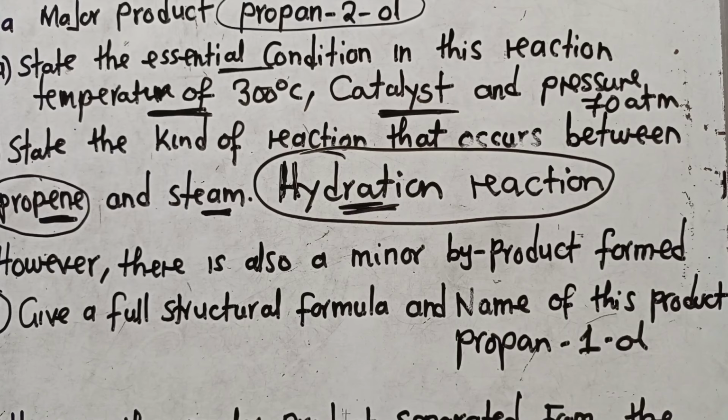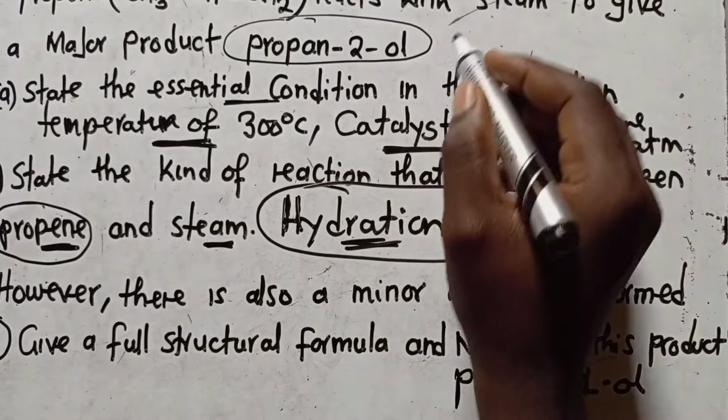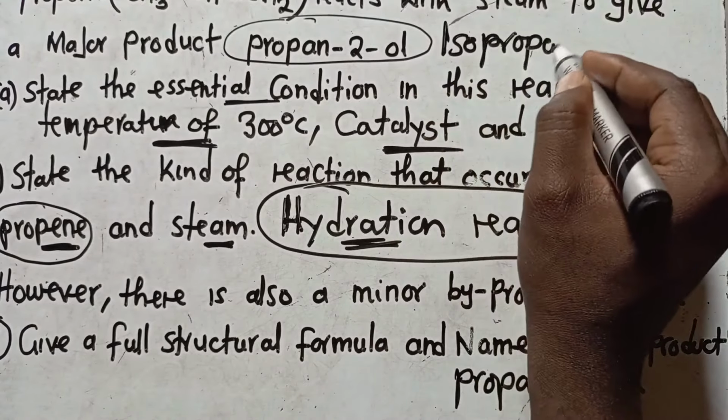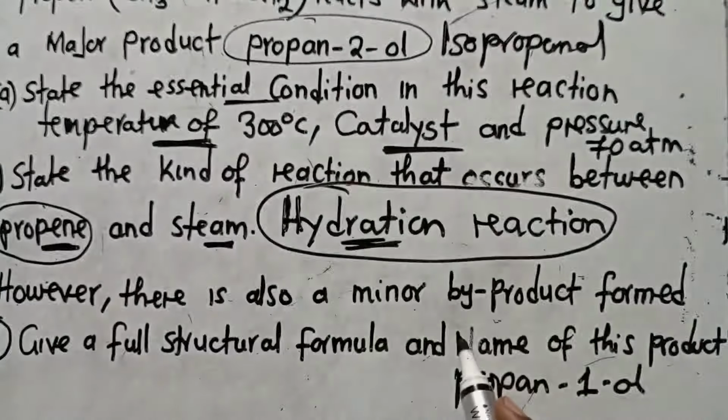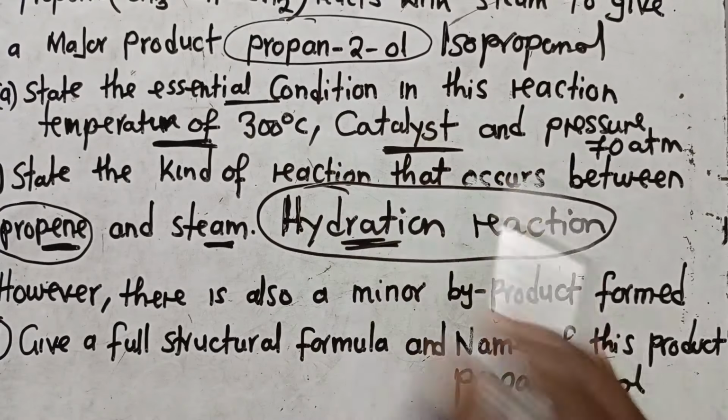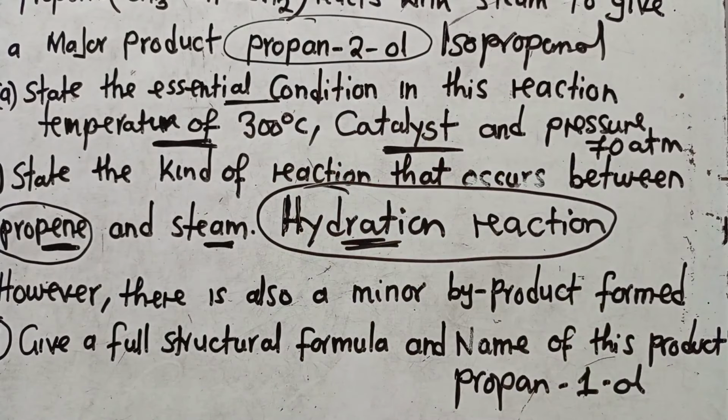This can be formed through a less favorable pathway where the hydroxyl group attaches to the terminal carbon atom. So this product is generally in a smaller amount compared to the isopropanol. The isopropanol is this one, the major product that is formed.